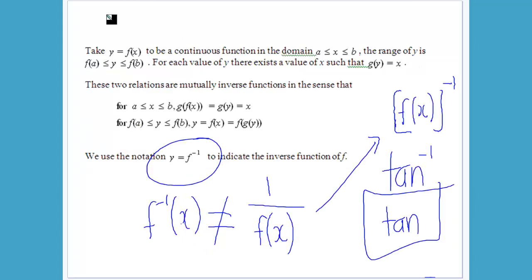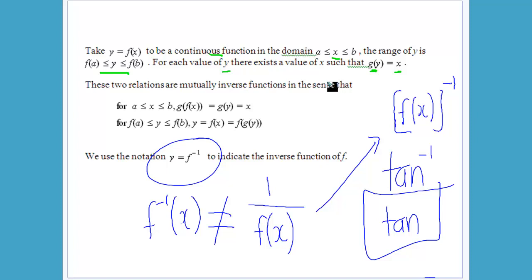Also, the idea of something being a continuous function. If something's continuous in a particular domain, so basically it doesn't change, the range of y would be given to us by f(a) to f(b). Thus we could create a value for y there, such that you could take g of y, and that would give you back the x value.